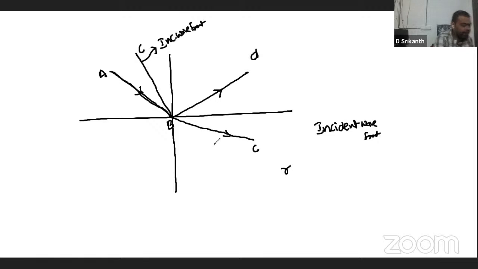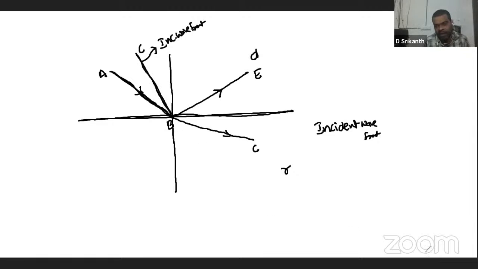Whenever a light ray is incident on the interface, some part of the light ray will be reflected and some part will be refracted. Suppose BE is the reflected ray. With respect to the reflected ray and refracted ray, we have wavefronts, which we call the incident wavefront and refracted wavefront.